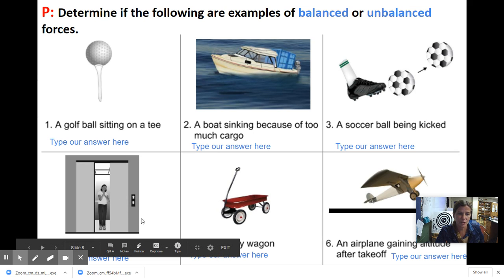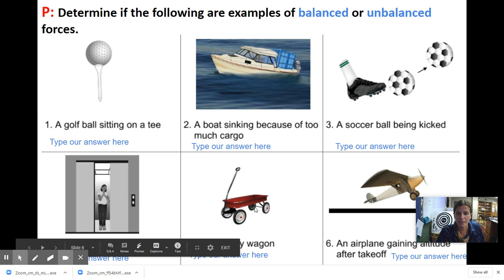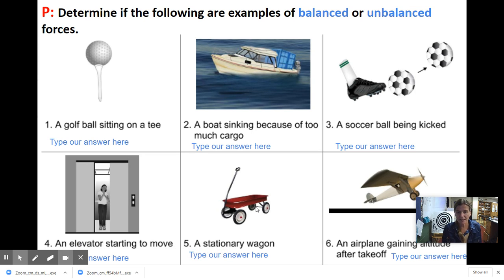An elevator starting to move. An elevator starting to move is caused by an unbalanced force because we are changing its motion. We're going to go up with increasing speed. A stationary wagon is an example of a balanced force because the object is at rest. It's not moving.